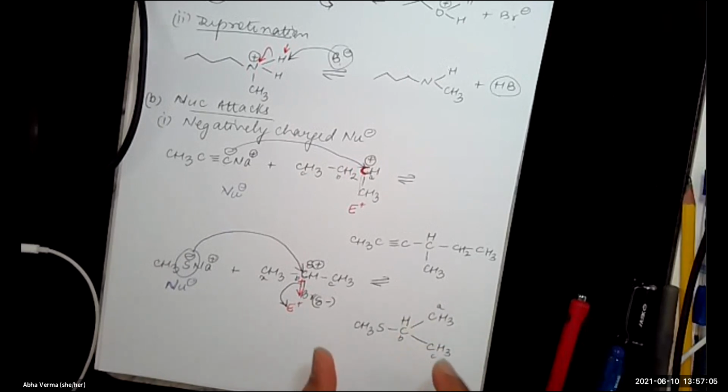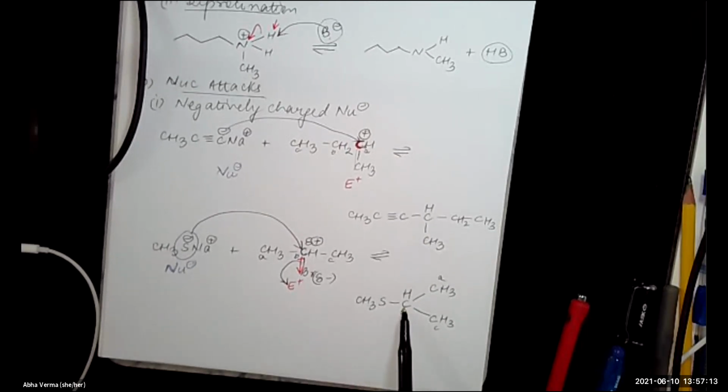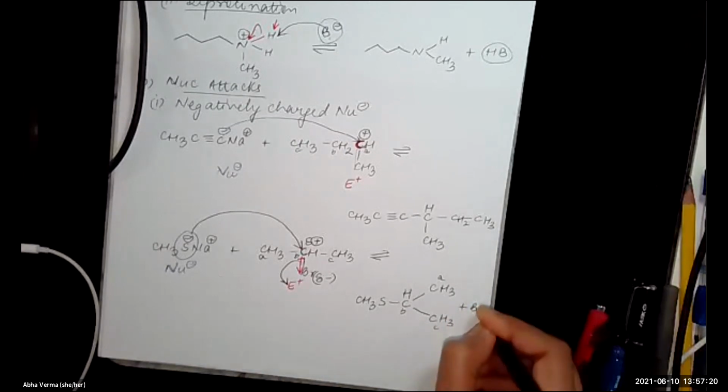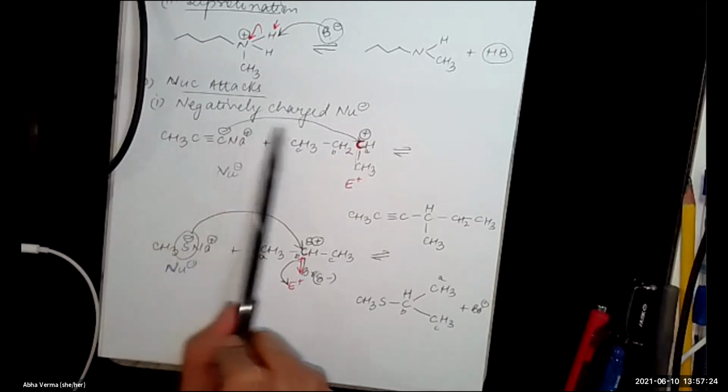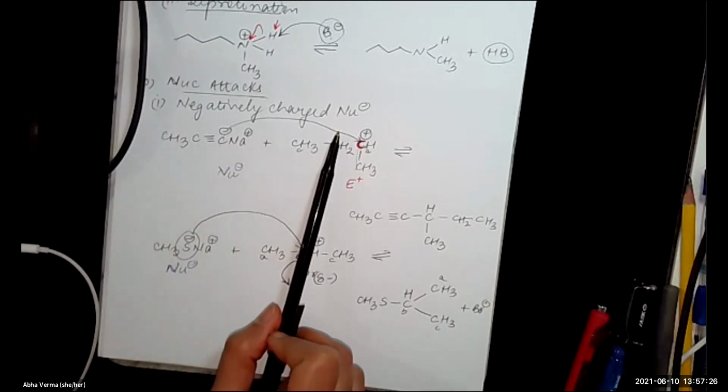So if you remember the first class we came in, I told you that we will have to remember carbon has only 4 bonds. You have to remember and always check back on that. Plus a Br negative.